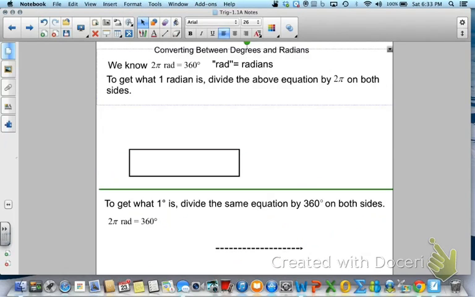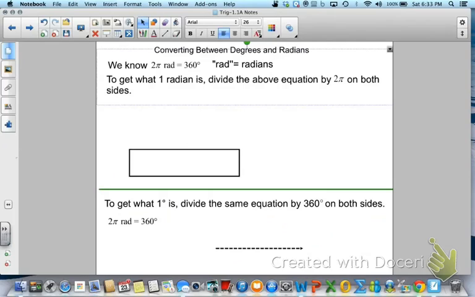In this slide, I just want to show you how we're going to do the conversions in the last two slides. So we know that going all the way around a circle is 360 degrees, which is equivalent to 2 pi radians. We're going to let rad equal radians to shorten that up.